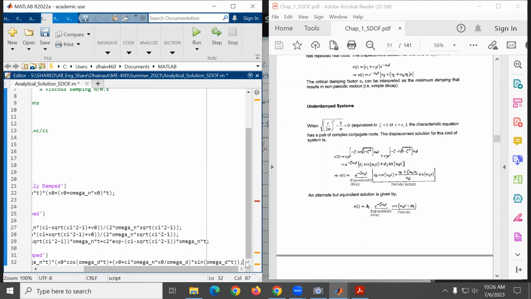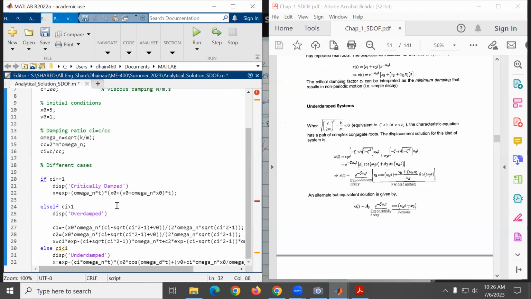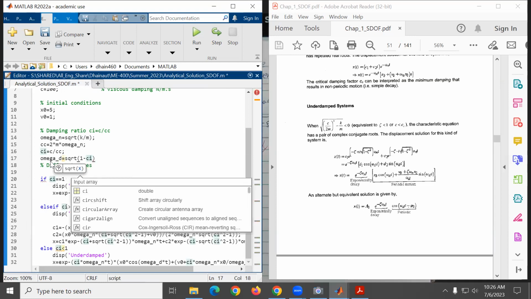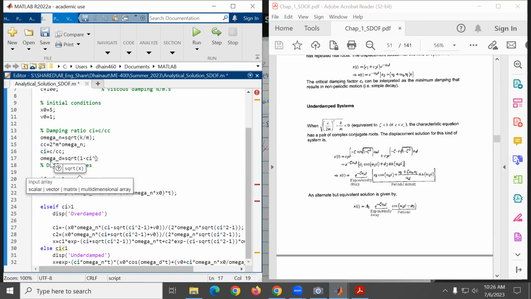So you see, we need to define what is the omega damp. So maybe we can divide it here or whatever. Maybe here, it doesn't matter. Omega damp is equal to the square root of 1 minus C squared times omega sub n.